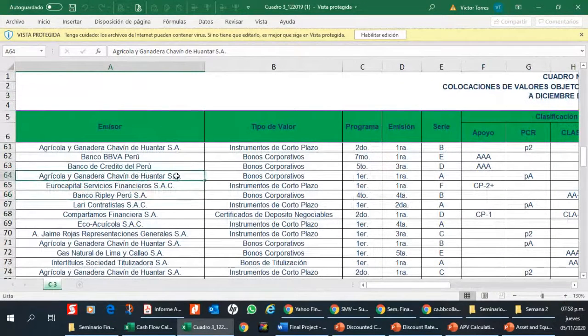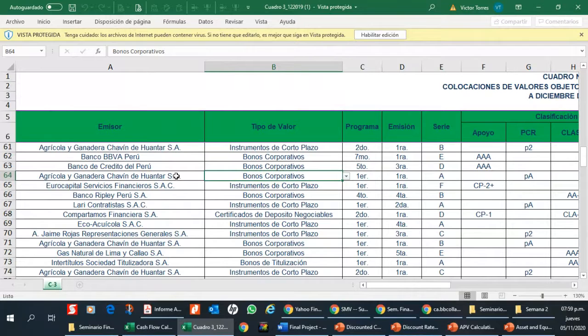Our friend Agrícola y Ganadera Chavín de Huántar, right? It's an agriculture and cattle company, and they have issued corporate bonds. You may have heard of them because it was the first company that started Mercado Alternativo de Valores, right? The Superintendencia de Mercado de Valores created an alternative to the general way companies issue bonds into the market or issue short-term instruments into the market.